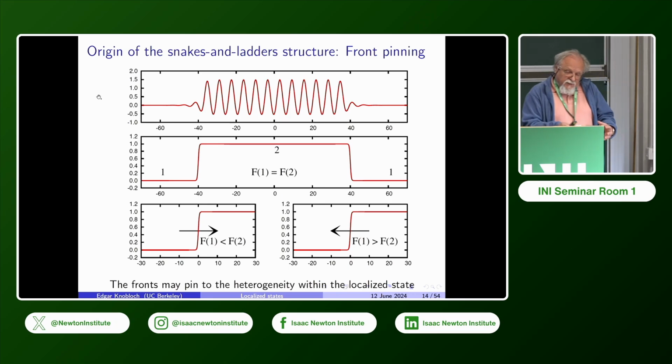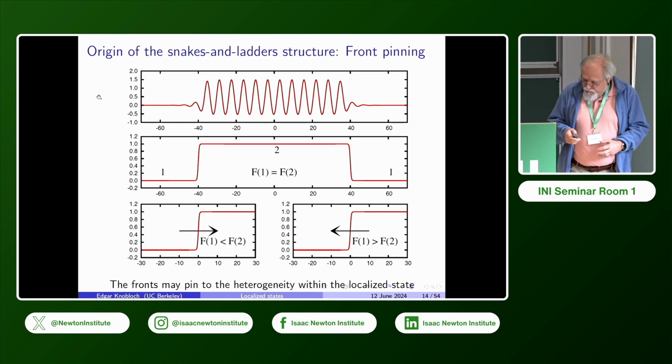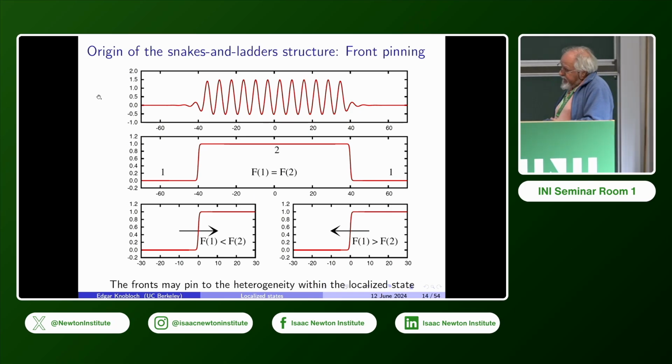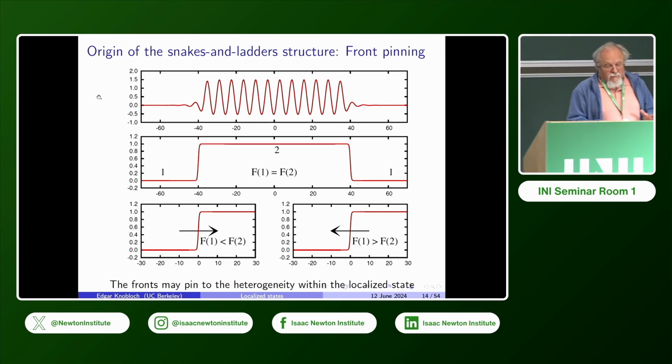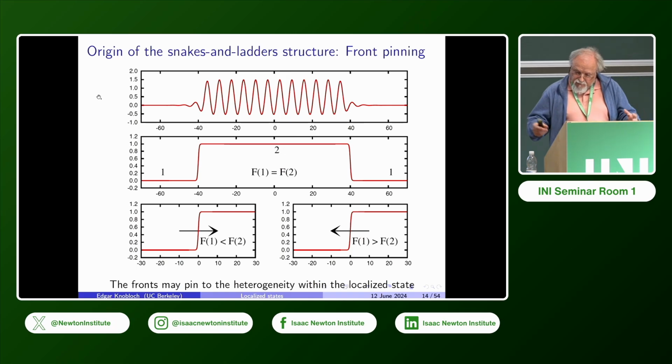And so there's a pinning potential, and you have to overcome the pinning potential before the front can move. That means that you can change the temperature away from the critical by some amount and still generate stationary solutions. You have to increase or decrease the temperature by a finite amount before the fronts depin and start to move.